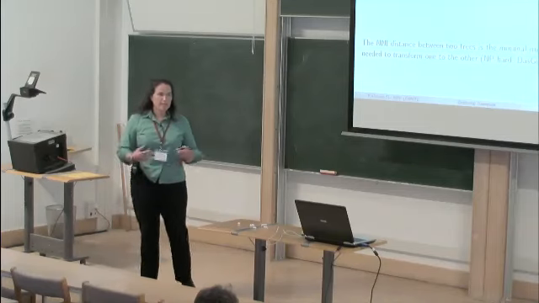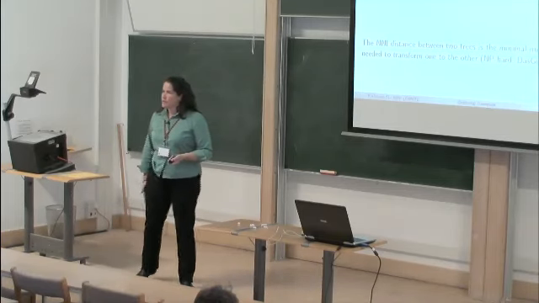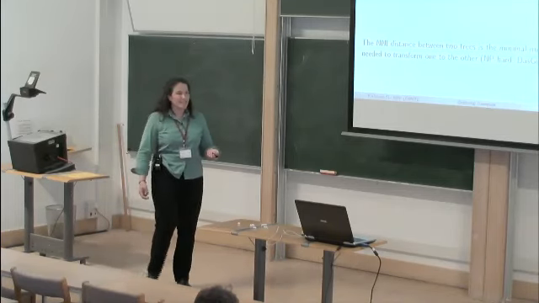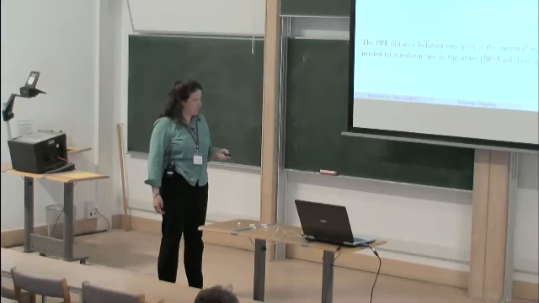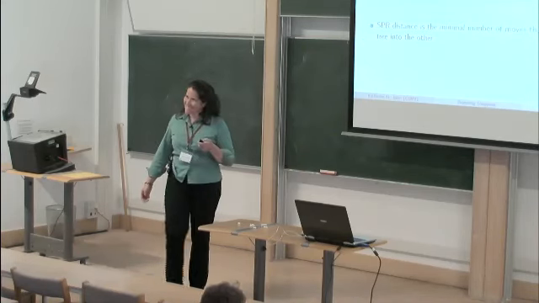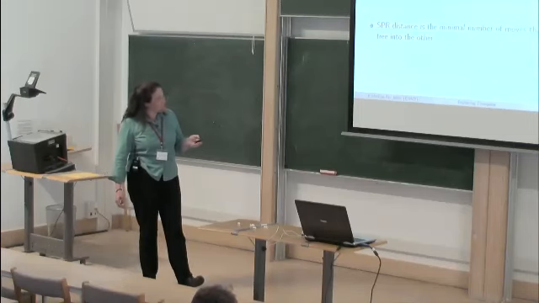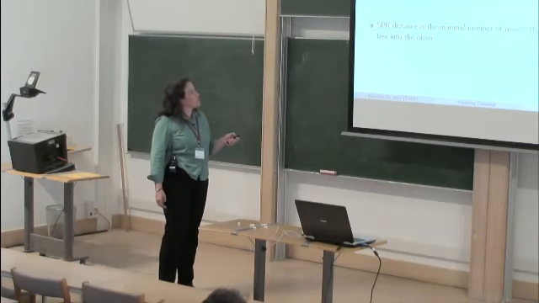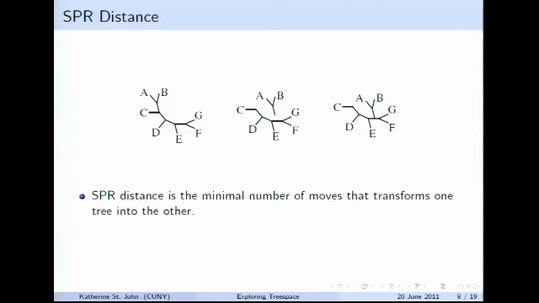It's well defined, it is a distance, and like almost all distances except Robinson-Foulds, it is NP-hard. This was shown in 97. Okay, SPR distance, which was also defined earlier. This is the one where you prune a subtree. So let's say we take the subtree AB, we cut it, and we put it back somewhere else.